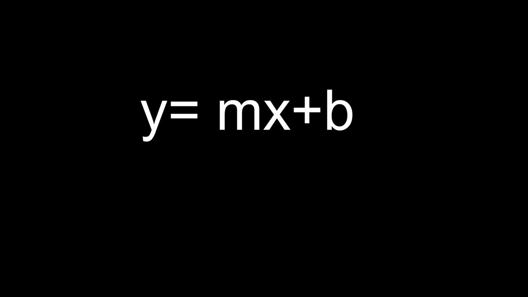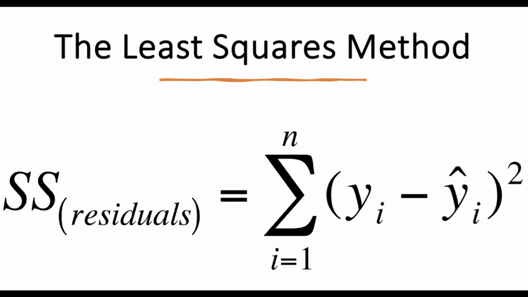Minimizing the errors, the least square method is used for this, that is yi minus yi dash. So what exactly does this mean? Find the best line, that is the best fit line, using the least square method. What this says is to find the difference between the observed value and the predicted value. yi is the observed one and yi dash is the predicted value.